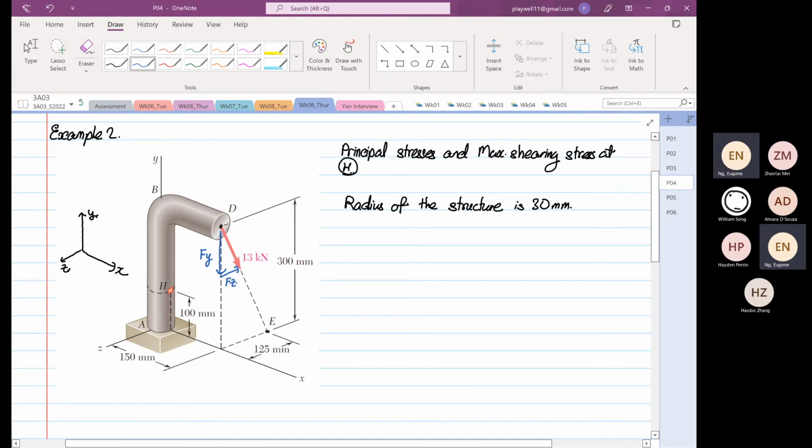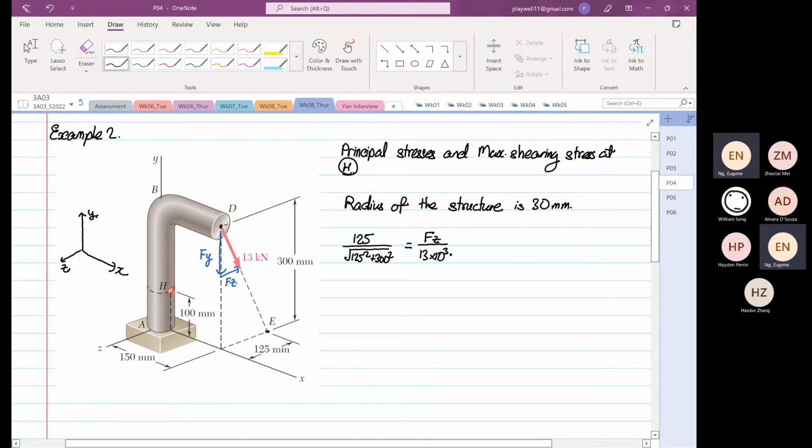We can use similar triangles. So 125 over the square root of 125 squared plus 300 squared, this is geometry, is equal to Fz divided by 13 kilonewton.